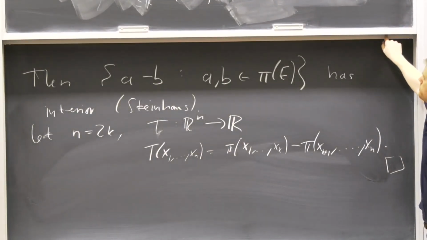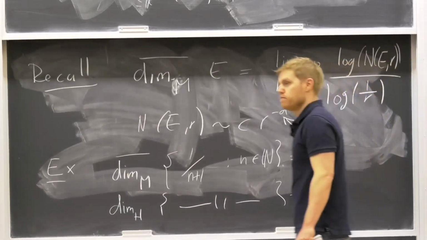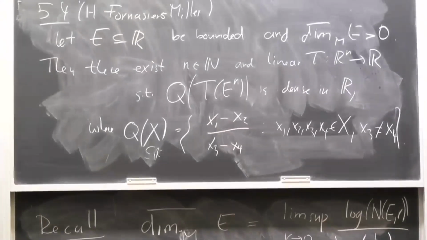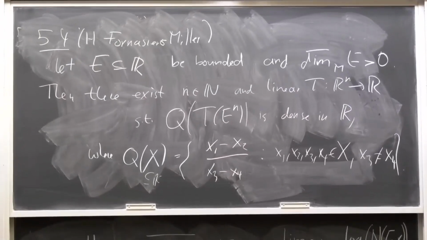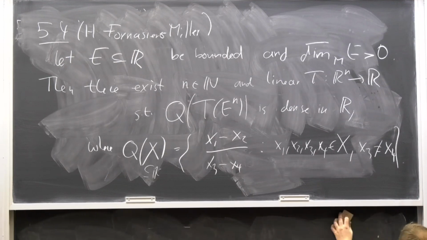Okay, so I'm going to prove this now. What I have to do is, if you have a subset, by this kind of argument about the projection lemma, we can assume that E has Minkowski dimension at least 1/2.